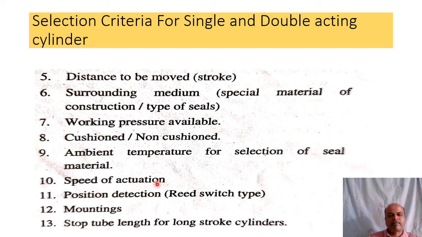Then speed of activation, then position detection, reed switch type, then mountings, and the last parameter, stop tube length for long stroke cylinders. So these are the important parameters while selecting the single acting or double acting cylinders.